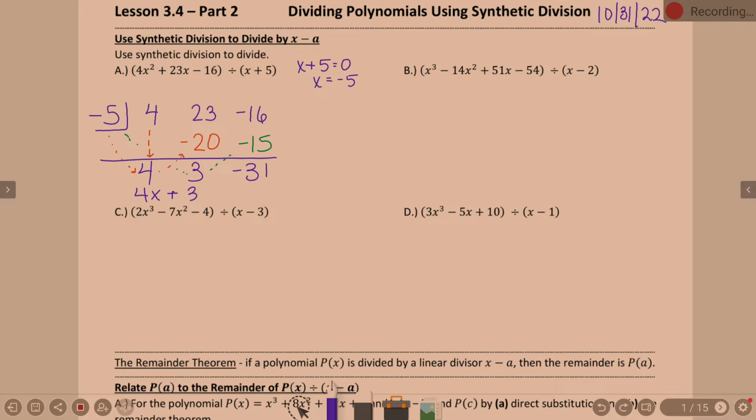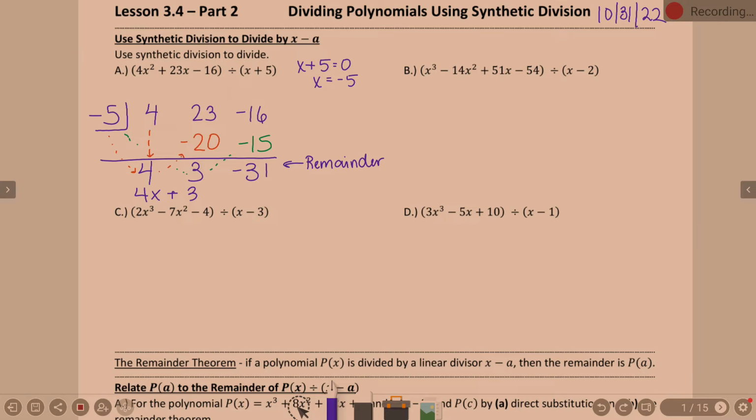Just the constant, right? What's that make my negative 31? Remainder. That's my remainder. So that last value there will always be my remainder. So my answer is 4x plus 3, remainder of negative 31.